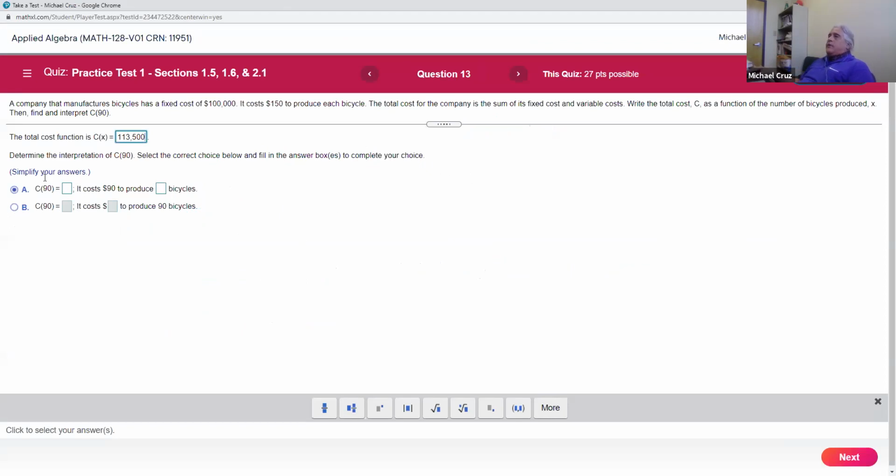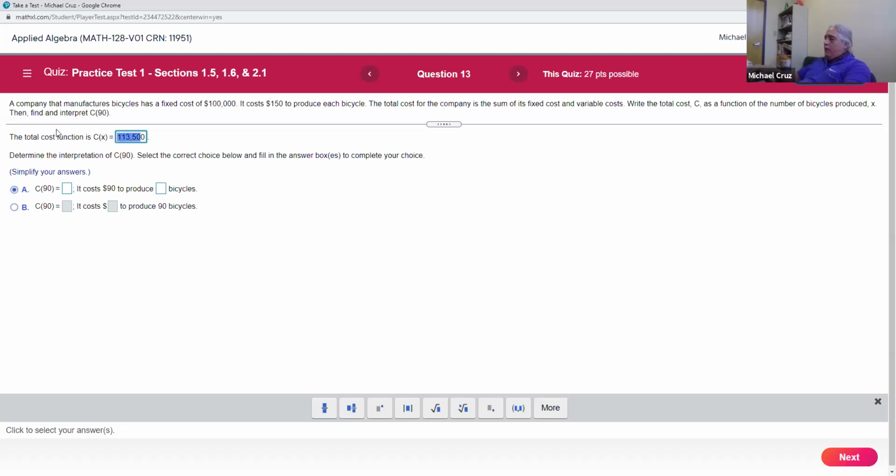So, all right, let's see, how can we interpret this? That's not right. Oh, wait a minute. They want the function up there. And that's what I just wrote for you.